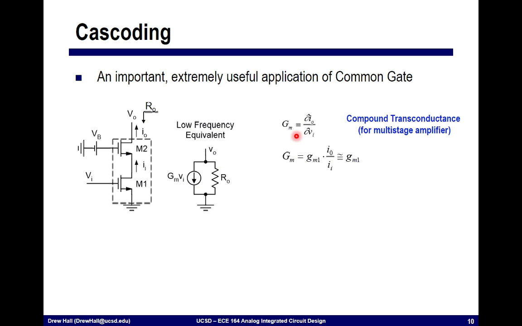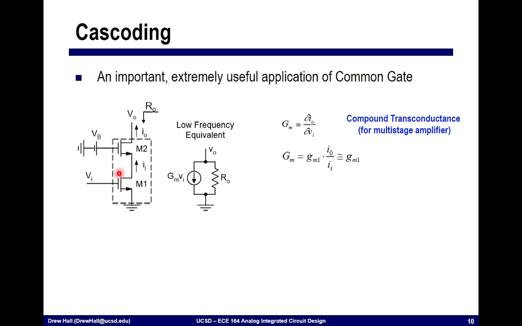If we want to think back to first principles, GM is simply the partial derivative of the output current, Iout, with respect to the input. Said another way, if I wiggle this input voltage Vi, how much current change do I get at the output? In this case, M2 doesn't actually add any transconductance.